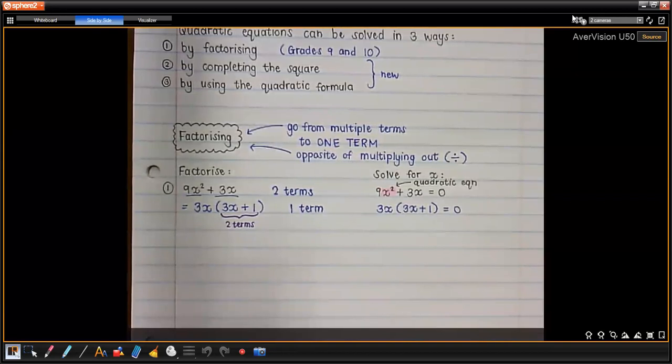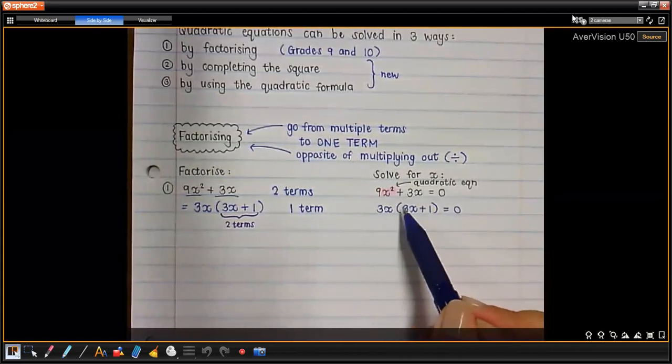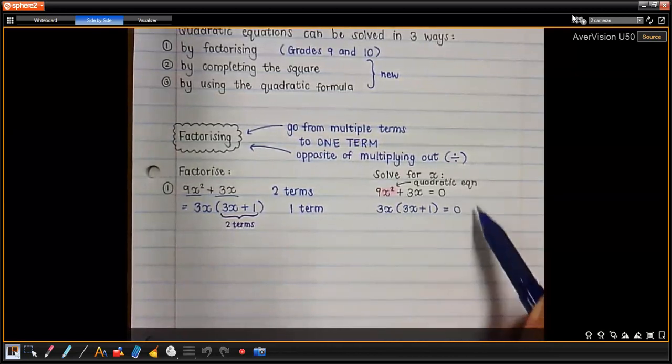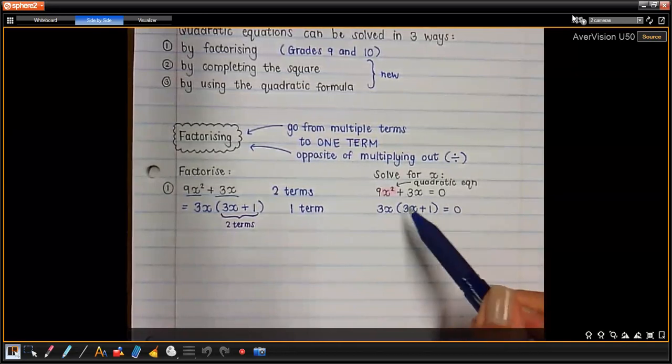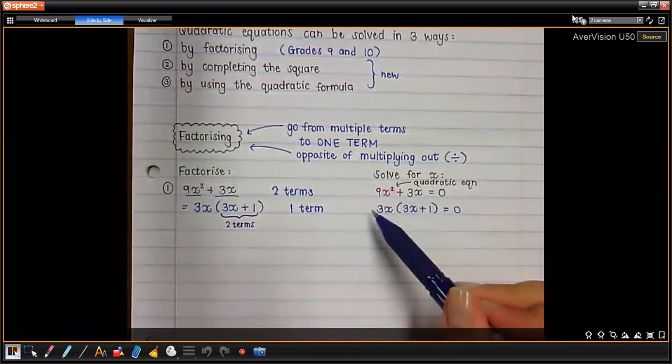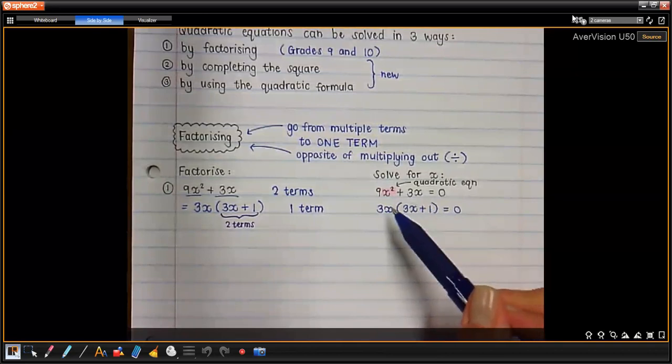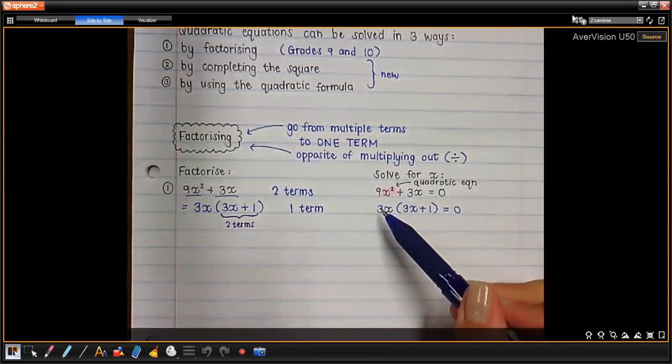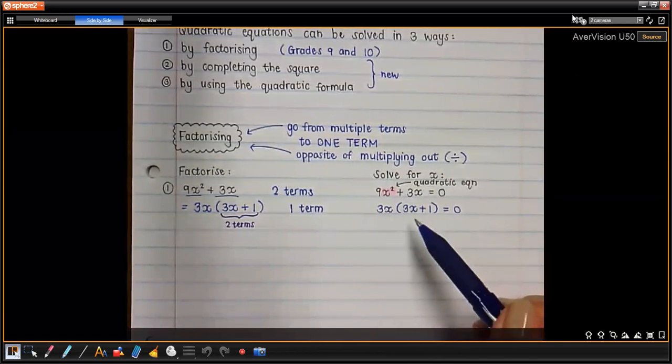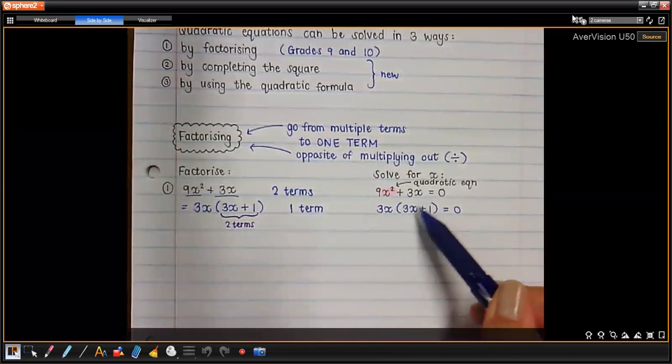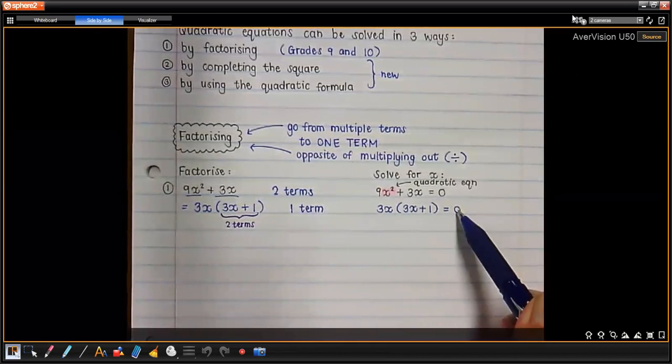Anything multiplied by 0 is 0. Okay? I'm going to say this again now. The only way to get 0 as an answer when you are multiplying two things together is if the first one is equal to 0 or the second one, which is a bracket in this case, is equal to 0.